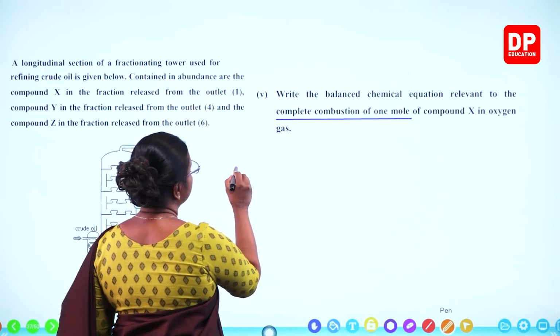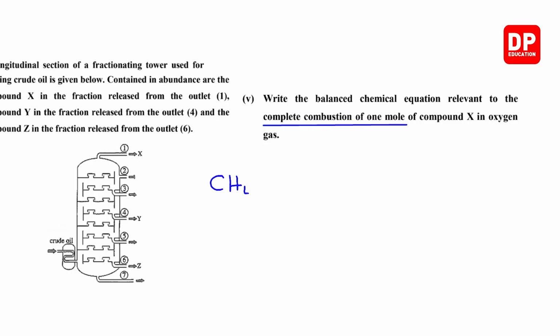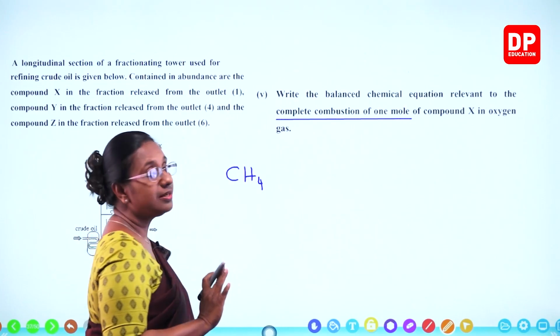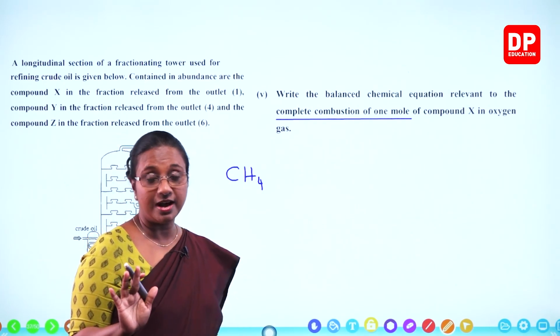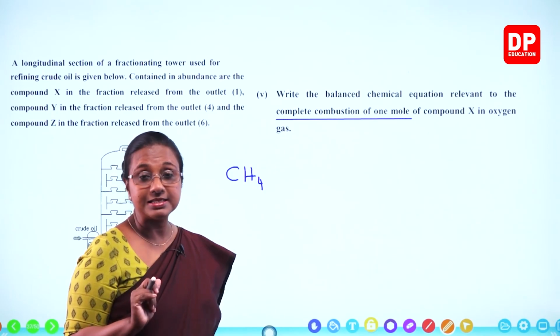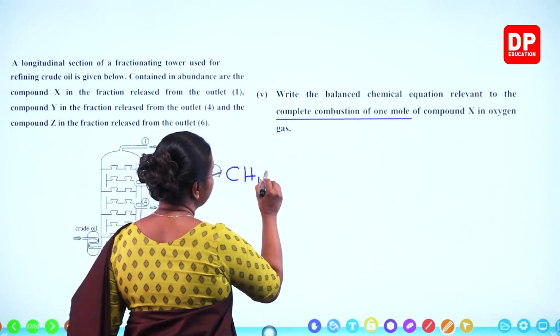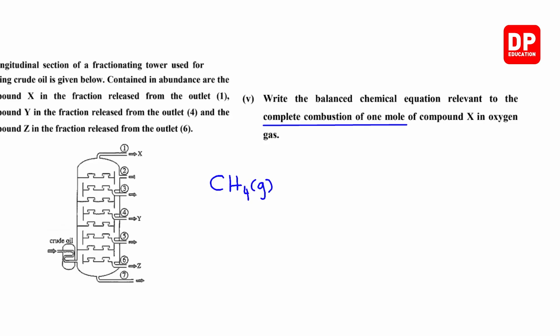Here of course it is the CH4 molecule. You can write the physical states; if not, without the physical states also it is fine, but you have to balance the reaction. Here I will write it with the physical states. CH4 is in the gaseous state, methane gas, plus O2 gas. From that you will get carbon dioxide, also in the gaseous state, and water gas.